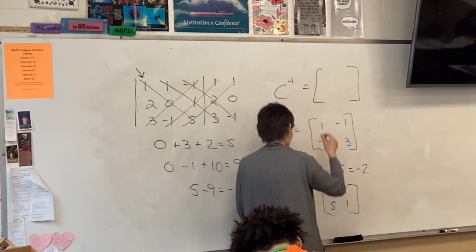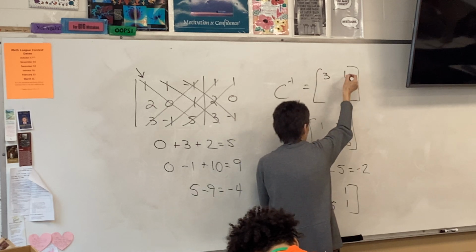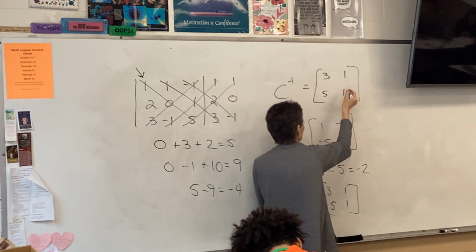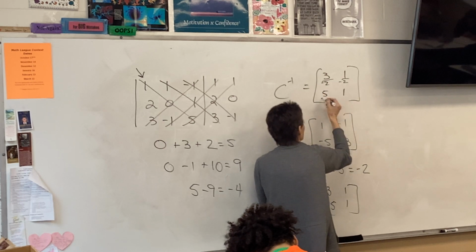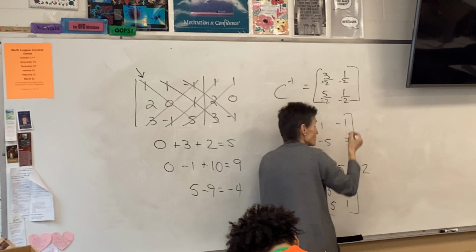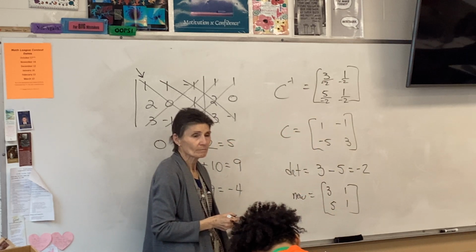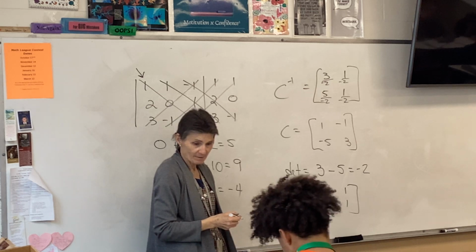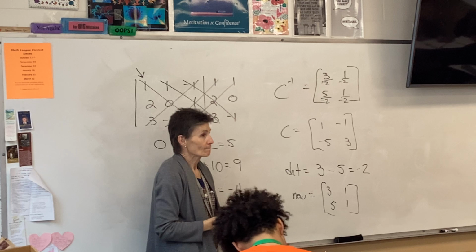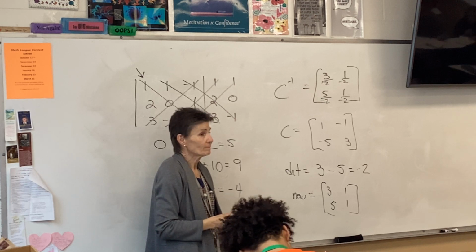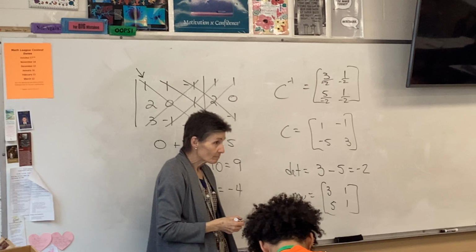And to get my answer, I'm going to take each one of these, 3 and 1 and 5 and 1, and divide them by negative 2. If anything reduces, which often it does, you have to reduce it. Nothing simplifies in this, would you agree? Pay attention. This is the quiz that you're going to take the next time we're here.